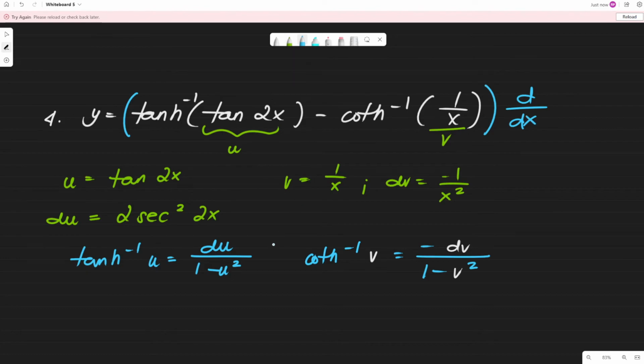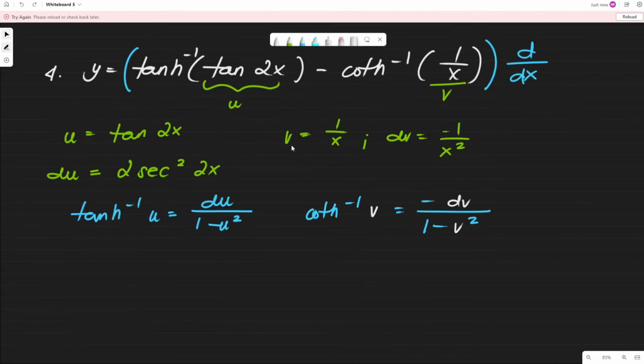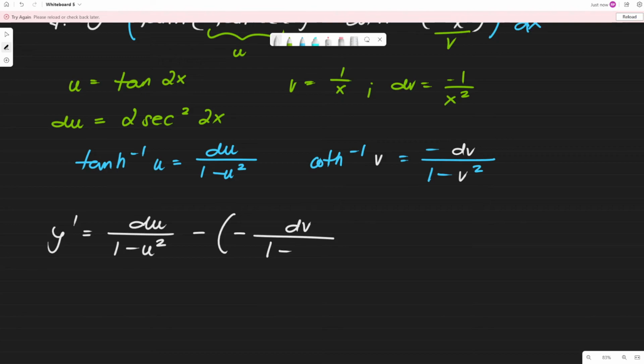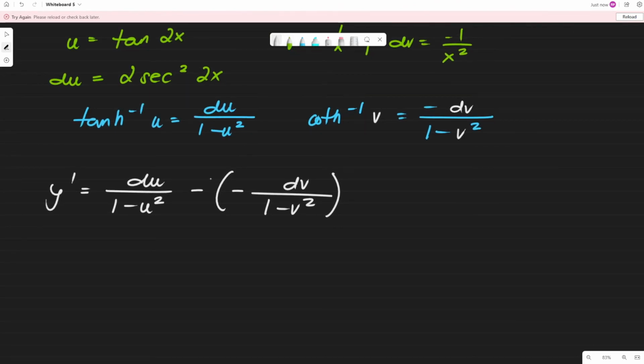Ayan. So, y prime is equal to du over 1 minus u squared minus negative dv over 1 minus v squared. Remember, hindi sila magkaparehas. Okay, so this one will cancel. Diba? Cancel. So, magiging plus basically.